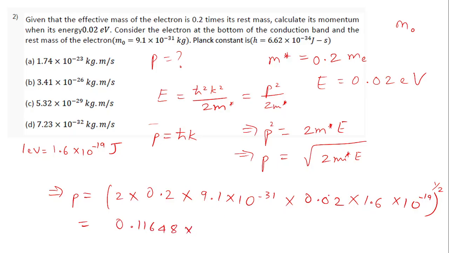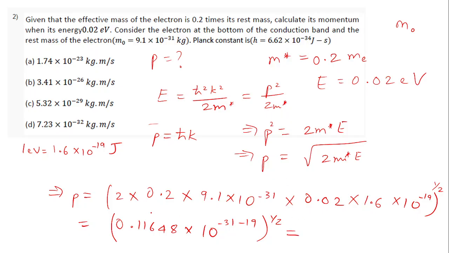Now all the powers if we take, then this will be 10 to the power minus 31 minus 19, and all to the power half, means root. If we solve, minus 31 minus 19 means minus 50.